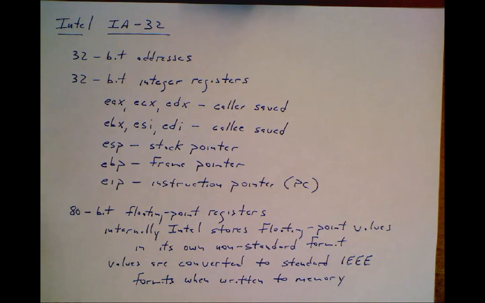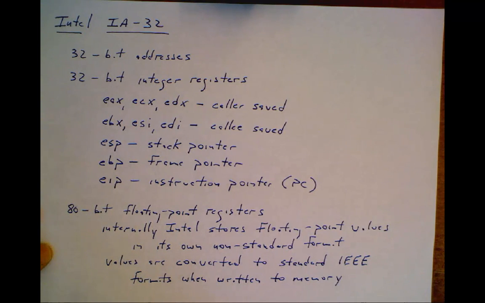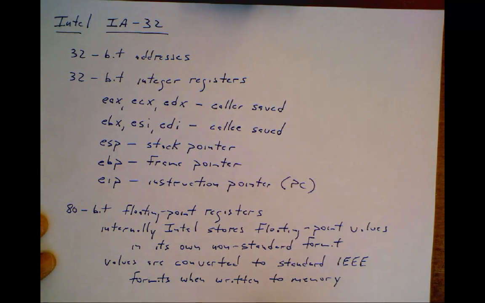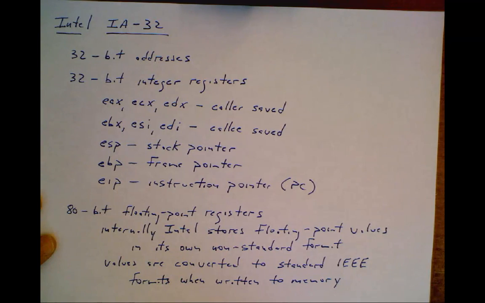We're not going to do a lot with floating point computation in the course, but one thing you should just put in the back of your mind is that Intel doesn't represent floating point values in registers using the standard formats. Rather, it stores values in this proprietary Intel format, and values are converted to the standard formats when you write to memory, and they're converted from the standard format into the Intel format when you load a value from memory.